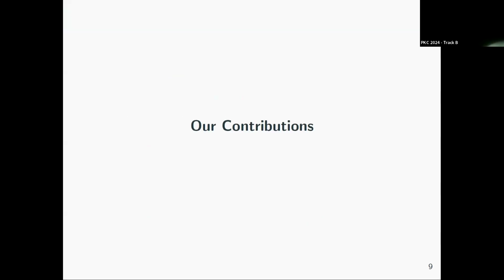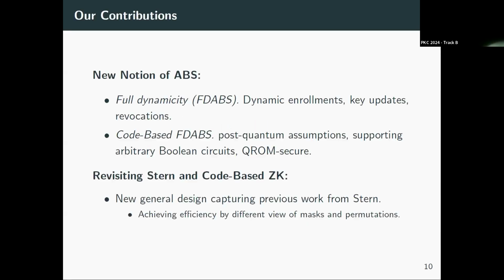So this is our contribution for the paper. The first one, we propose a new definition of attribute-based signatures. This is called fully dynamic attribute-based signatures, and by fully dynamic, it means we support joining users, updating keys, and revoking keys. We also provide a construction of code-based fully dynamic attribute-based signatures.